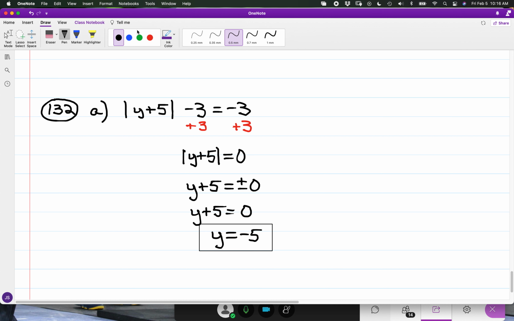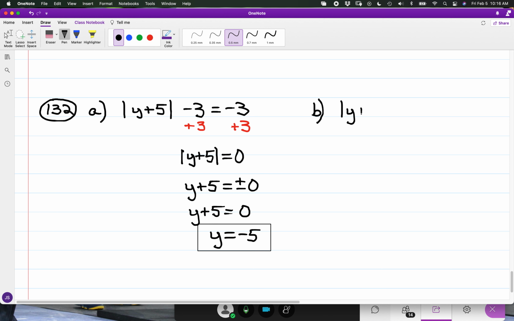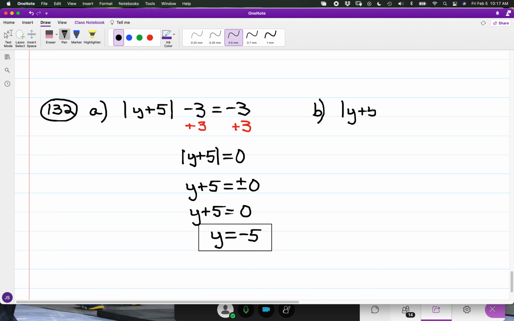Now, in the crossover to inequalities, I've had that the absolute value of y plus 5 minus 3 is less than negative 3. So once again, I have the same terms.